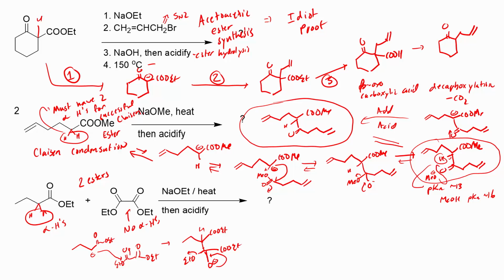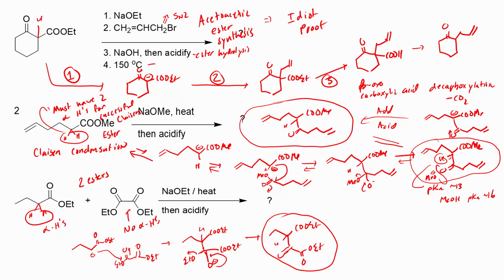Kick out. And we're going to make that. We're going to pull the proton off and then put it back in the acidification step. But this is going to be our final product, okay? This would be an acceptable answer for the final product.